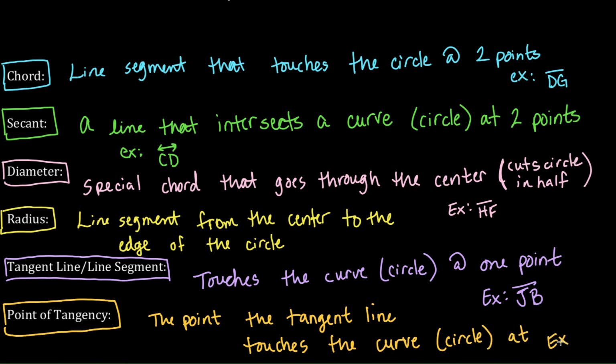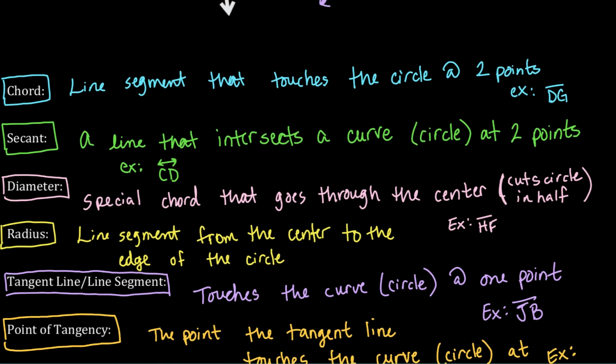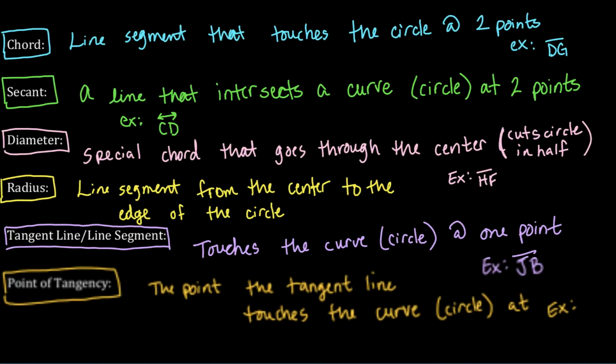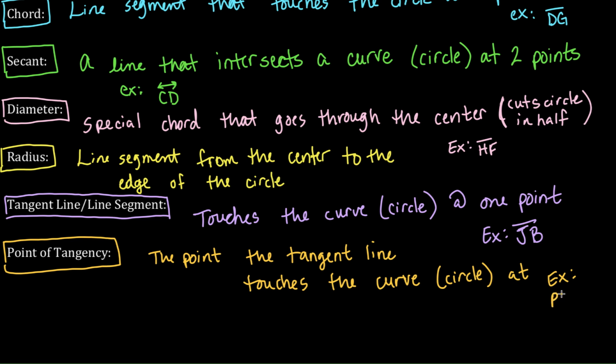And so we'll give an example. An example would be like H right here. And another example would be G for this tangent line that I drew. So example would be points H and G. Cool. So it should be a nice, easy day.